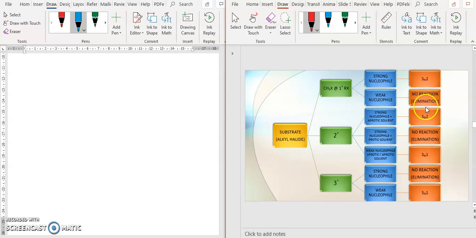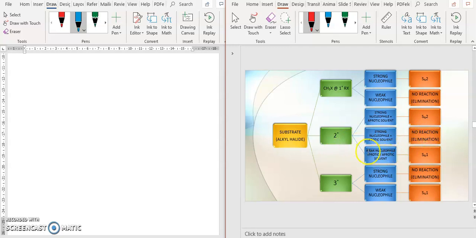It will go for elimination reactions if the base is a strong base. If weak base, there is no reaction. For the secondary, you can see strong nucleophile with aprotic solvent, so SN2. Strong nucleophile with protic solution, no, sorry, it will go for elimination reactions.